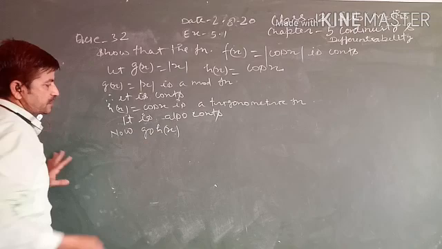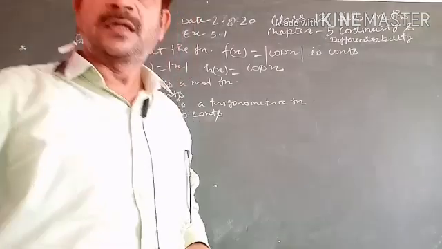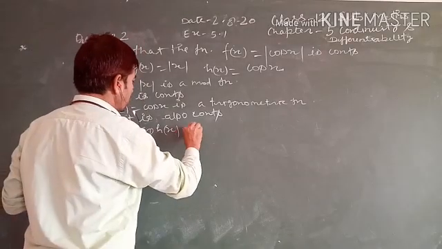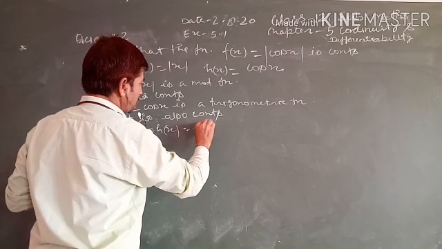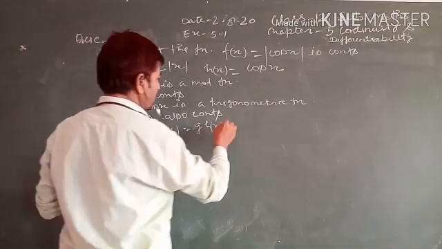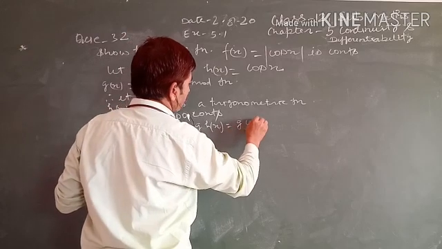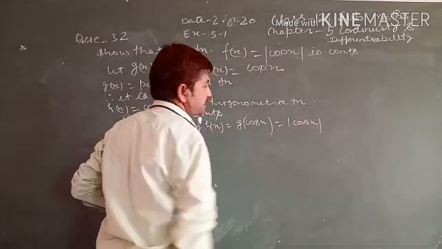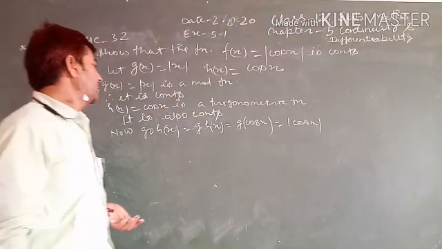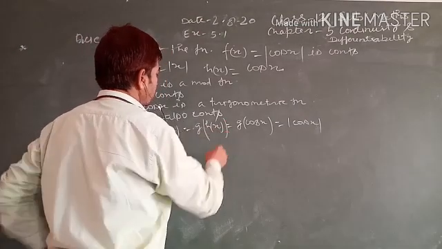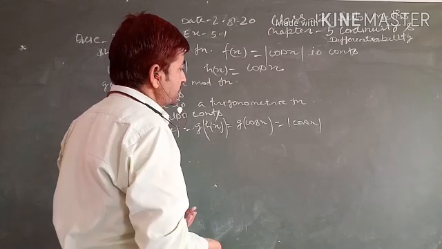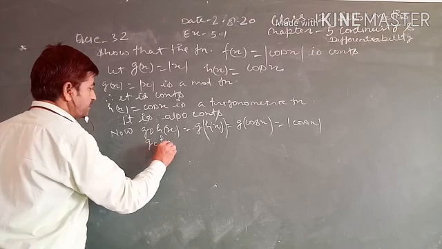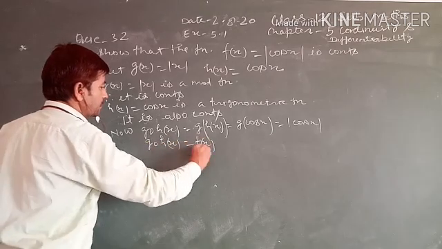Now g circle h(x) is the composition of functions. g circle h(x) is equal to g(h(x)) is equal to g(cos x) is equal to mod cos x. Since g(x) is a mod function, g(cos x) is equal to mod cos x. Clearly, g circle h equal to f(x).